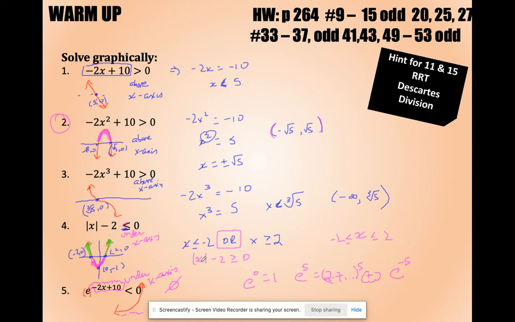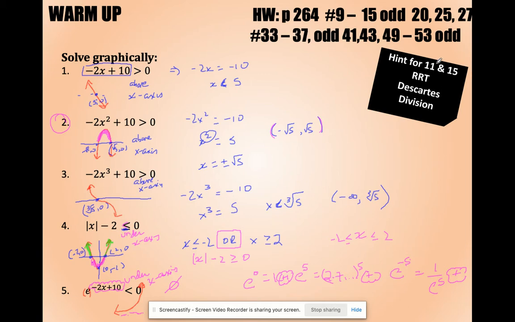Well, I guess, yeah, if -2x plus 5 is equal to 10 or whatever. But e to negative numbers is 1 over e to the 5th, which is still a positive number. E to 0, e to positives, e to negatives are always positive answers. You will never have that graph be below 0.